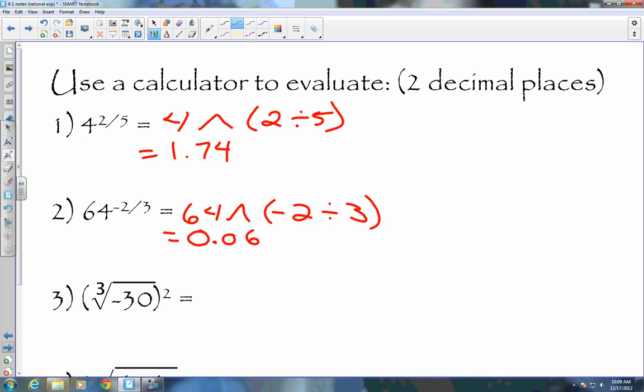So 0.065 if you round? We're rounding to 2 decimal places. So is it 0.06? I got 0.0645. Okay, so it should be 0.06. So you rounded to 2 decimal places, that is rounded correctly.